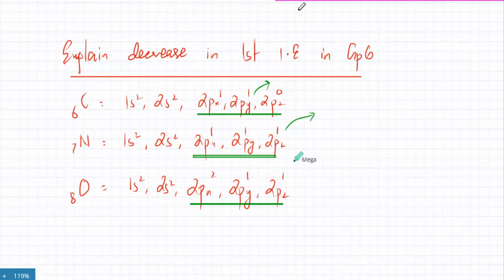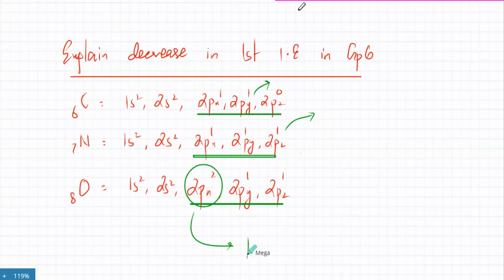Now all of a sudden over here, the electron is being removed from a p subshell that has 2 electrons in it. So it's going to be easier to remove electrons. Why? Because the 2 electrons are going to repel each other. Remember, the 2 electrons in the same orbital would be pushing each other away. So it would be kind of easy to remove electrons.